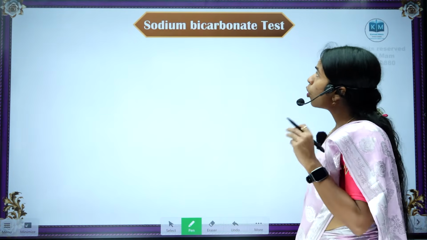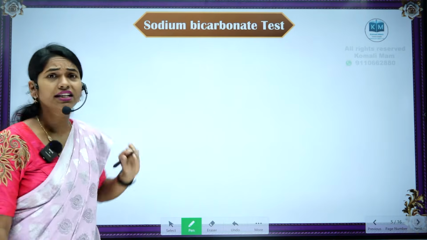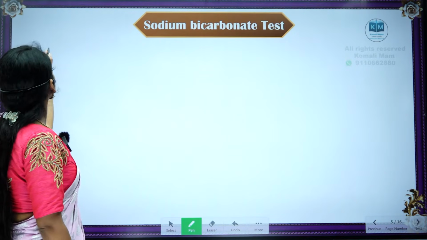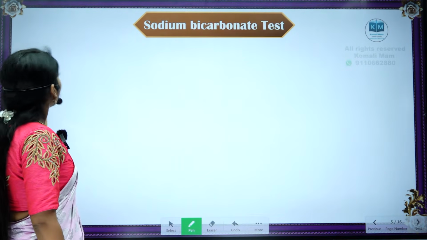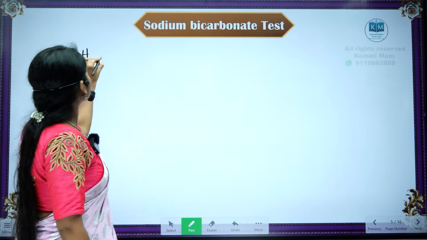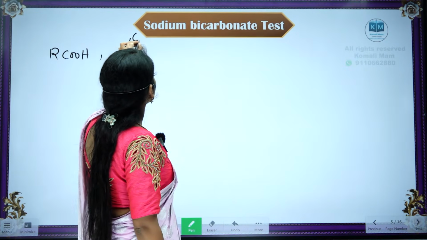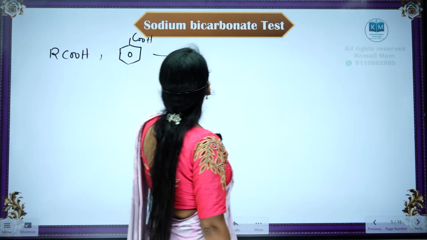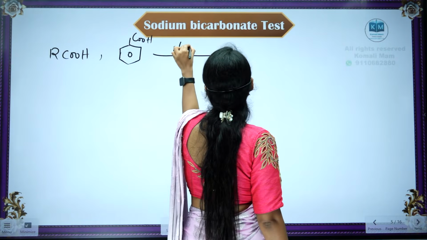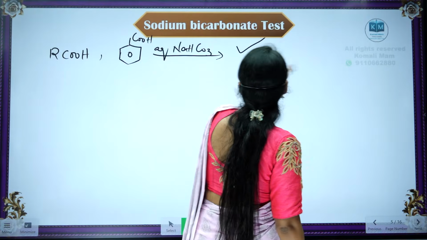Next one is the sodium bicarbonate test. Most important. Aqueous NaHCO3, you see. Which compounds give it? Carboxylic acids. Whether aliphatic carboxylic acids or aromatic carboxylic acids, when you treat with aqueous sodium bicarbonate, it gives a positive test.